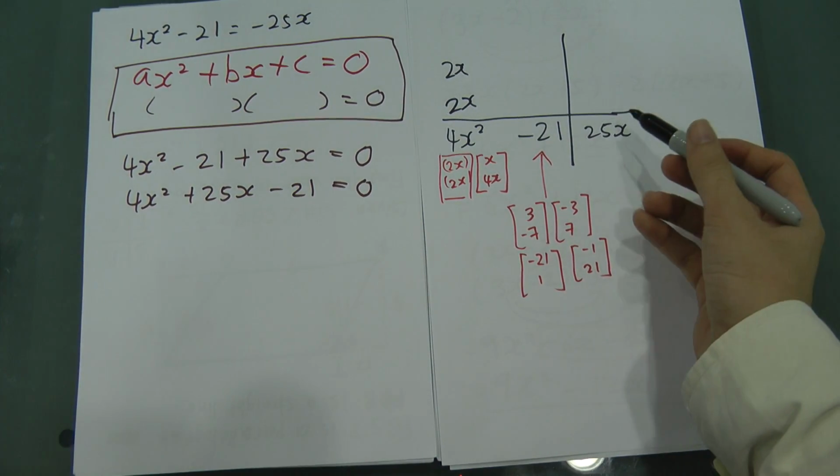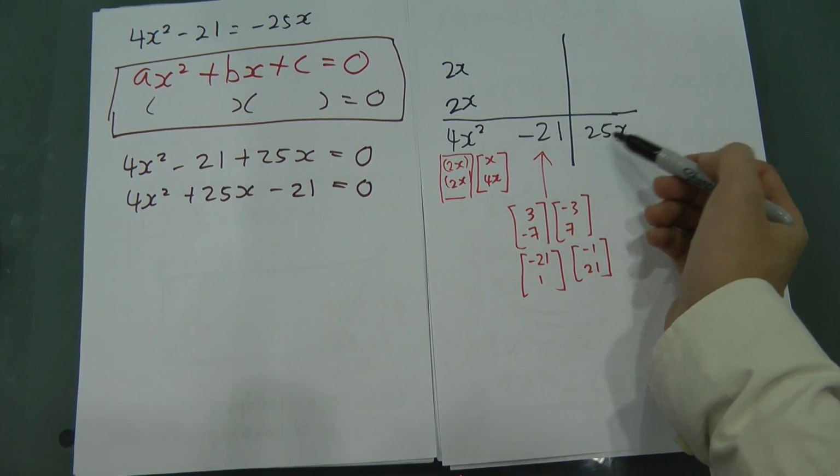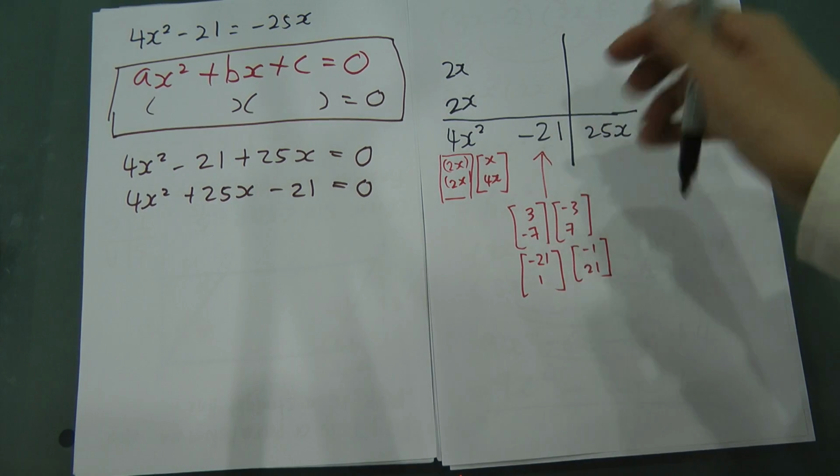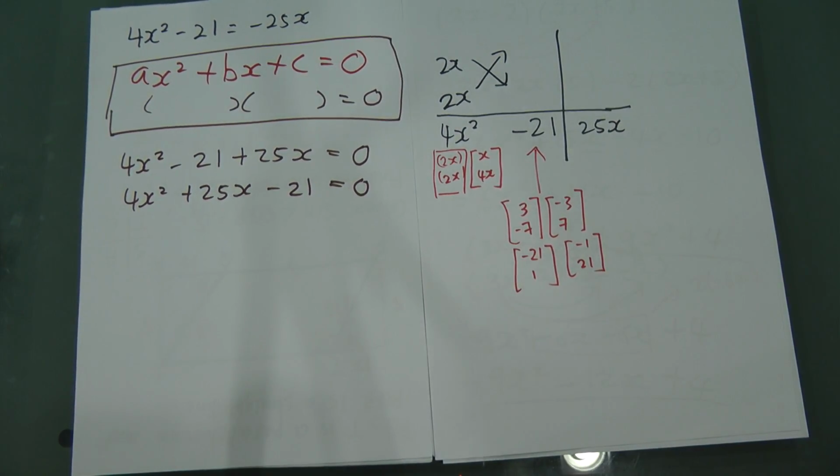Your objective is to get 25x in the middle, so you have to cross multiply.